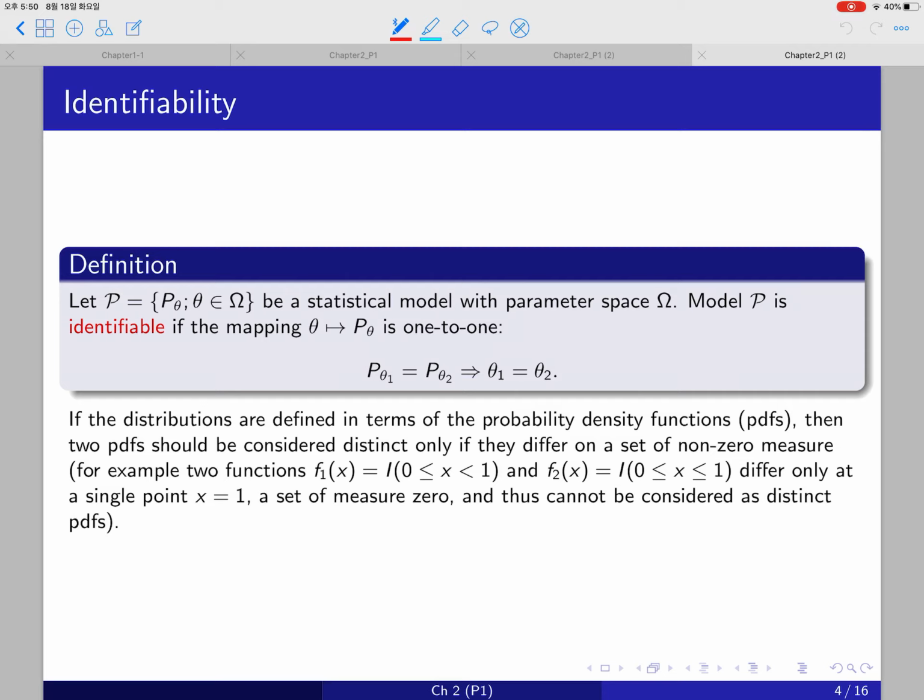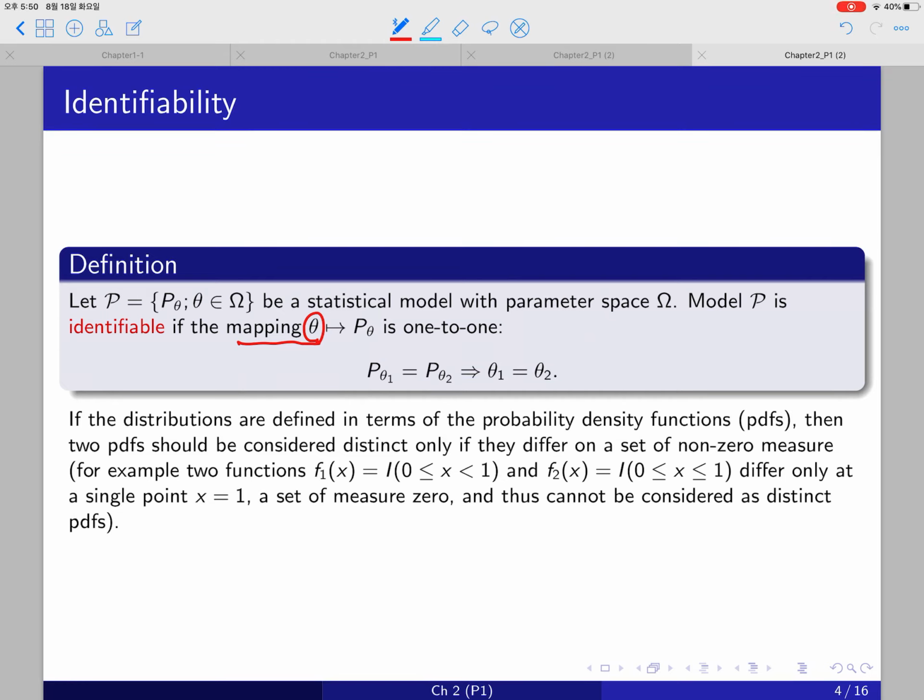Now, to discuss consistency, one important condition is to make sure that the model is identifiable. The model is identifiable means that the mapping from zeta to the density is one-to-one.